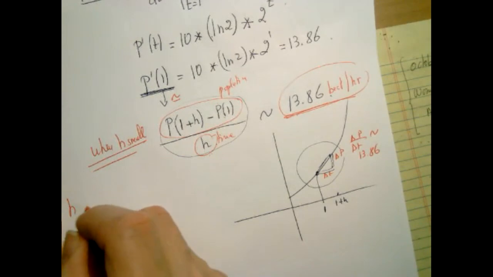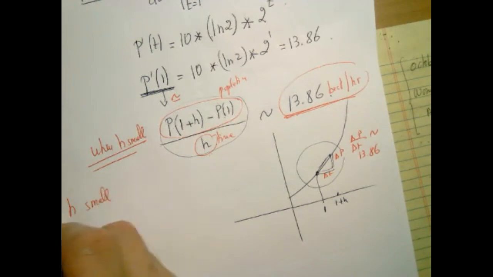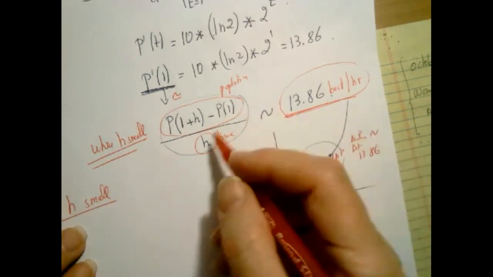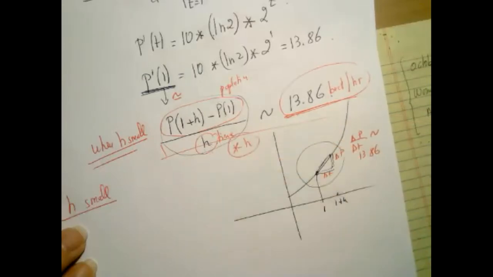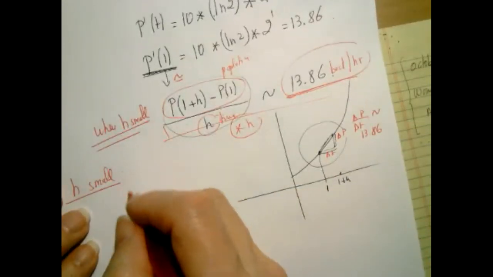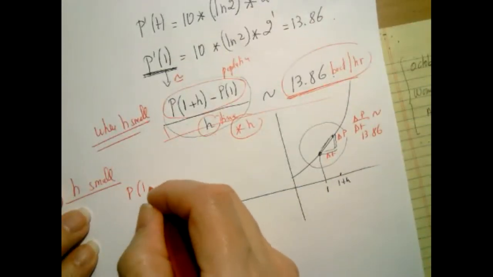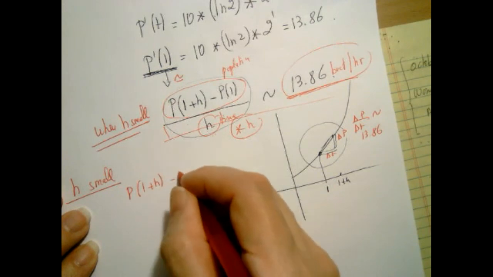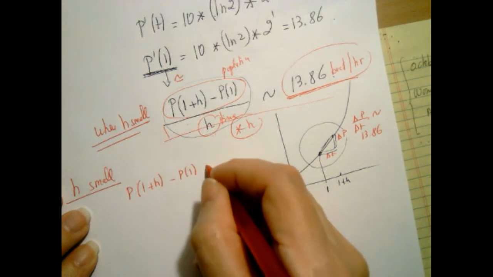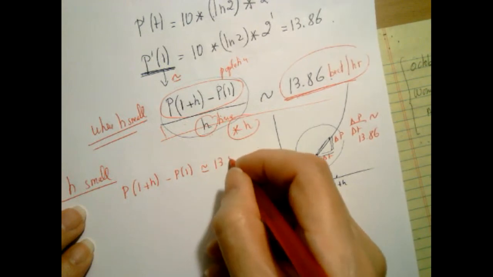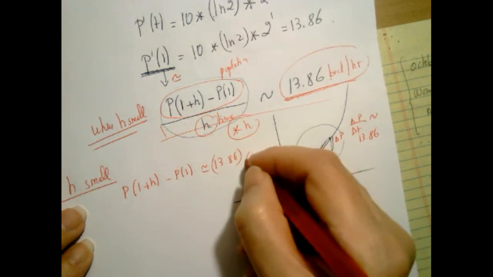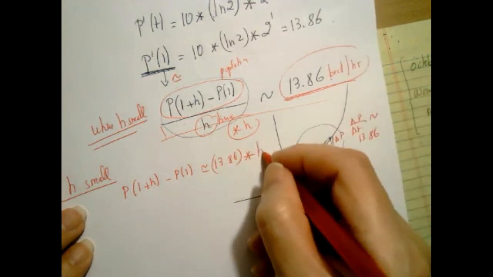It means that when h is small, and that's the hardest part, I'm going to multiply this by h. When h is small, the change of population over a small interval of time is almost equal to 13.86, which is the derivative, times h.